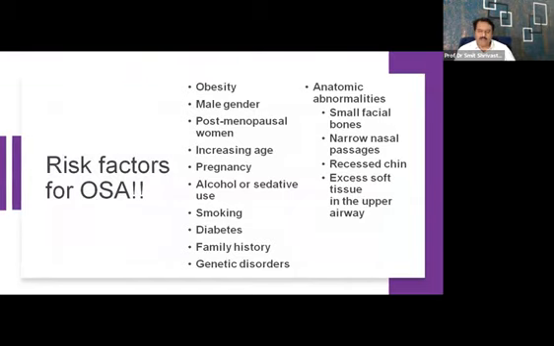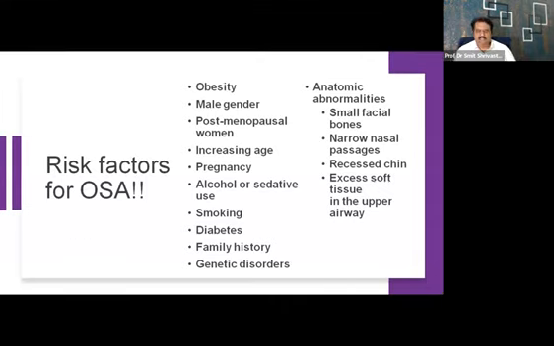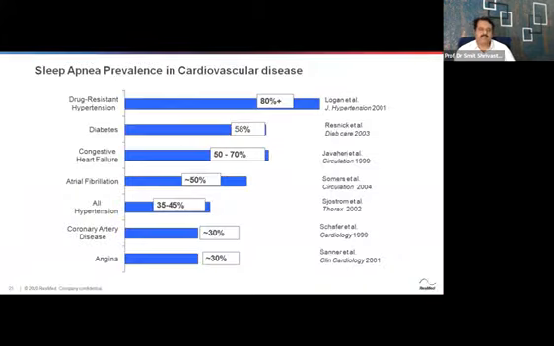Alcohol or sedative use, smoking or anything which inflames the upper respiratory tract, diabetes, family history, and then genetic disorders which can have small facial bones or narrow nasal passages, a small chin, or excessive tissue in the upper airway. So all these things can affect.